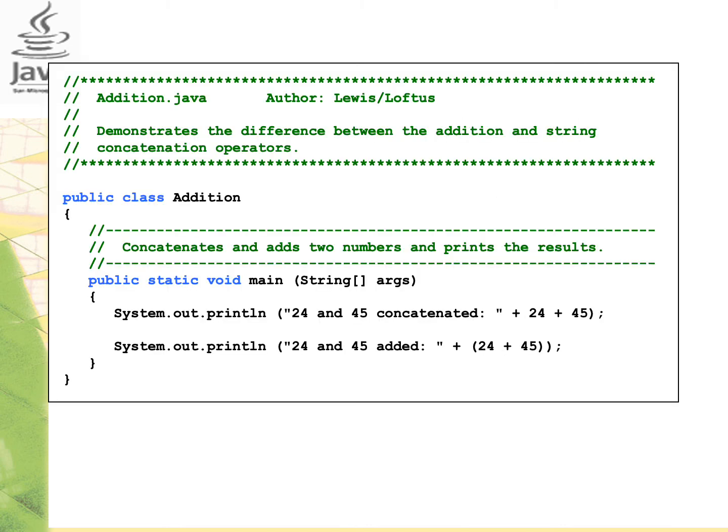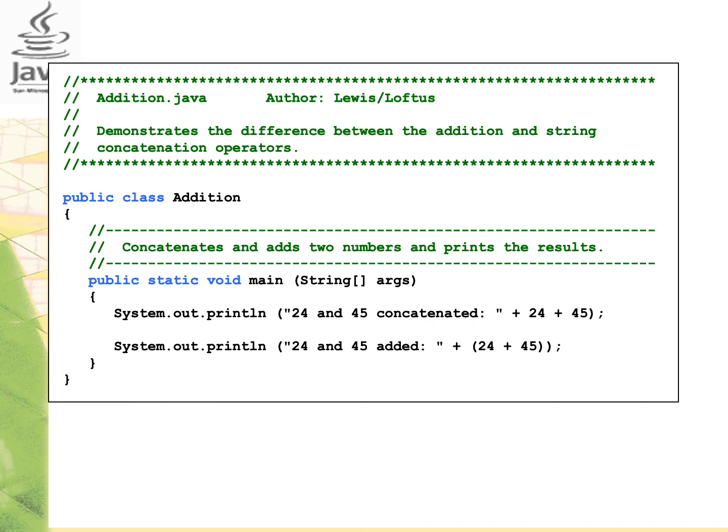Let's look at this code. What do you think the output of this is? The first one is 24 and 45 concatenated, 24 plus 45. What will be displayed? This is string concatenation. It will display 24 and 45 being concatenated. So it will show 2445.